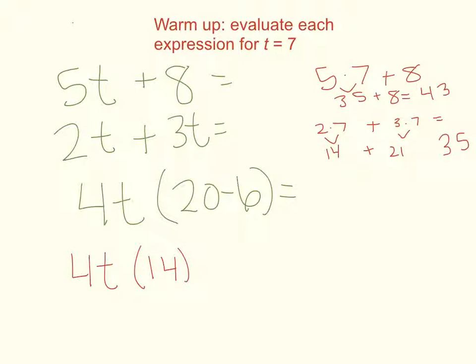Now I'm going to go ahead and do my multiplication here. 4 times 7, and then multiply that by the 14. 4 times 7 is 28 times, and when it's in the parentheses like that, that means to multiply it. So 28 times 14, do that work over here.